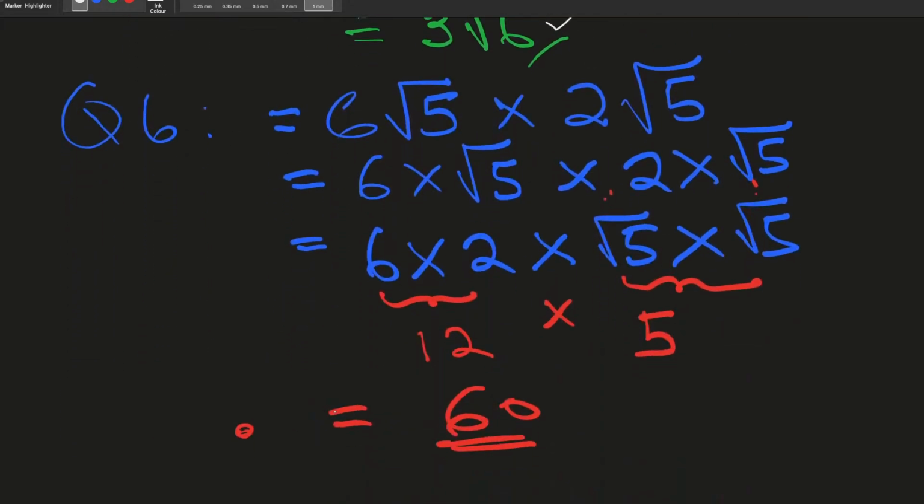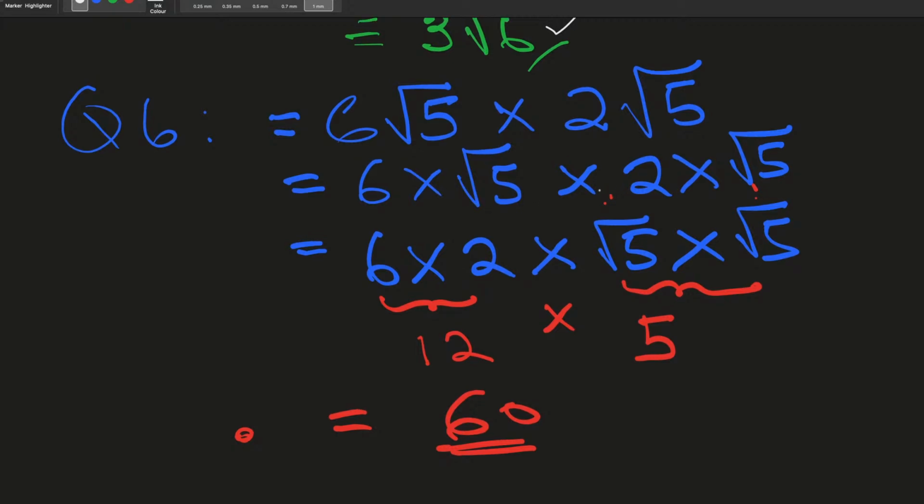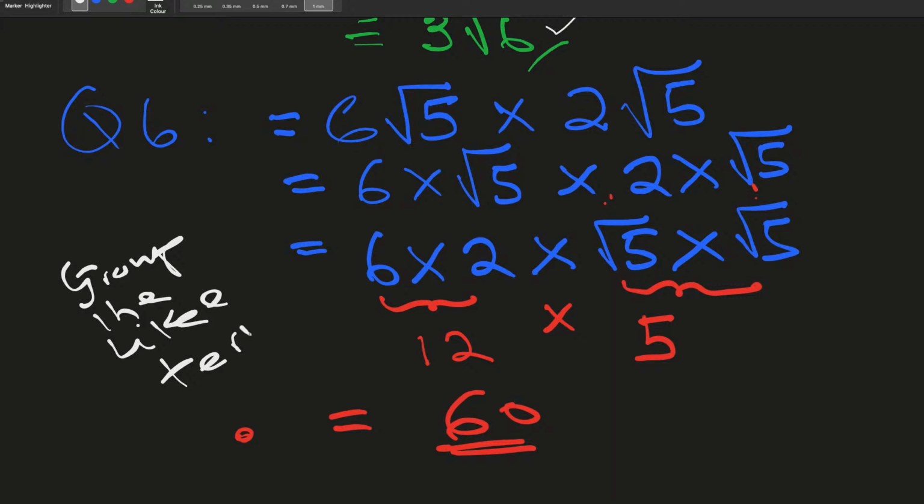Okay, the next one, once again, is 6 root 5 times 2 root 5. So 6 root 5 means 6 is multiplying by root 5. So times 2 times root 5. After that, we'll group the like terms over here.